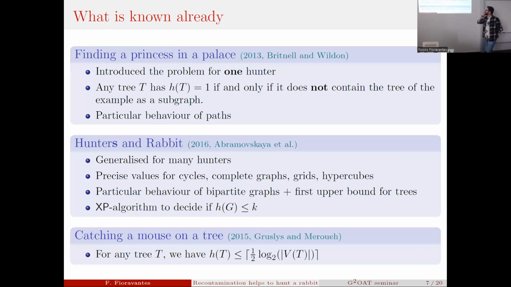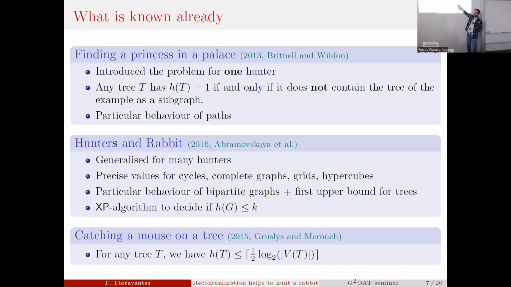They computed precise values for cycles, complete graphs, grids, and hypercubes. And the grids and hypercubes results are not trivial. They introduced new tools to get them. They generalized the peculiar behavior of paths into bipartite graphs, what we showed earlier. And they gave the first upper bound for trees, which was subsequently improved in this paper.